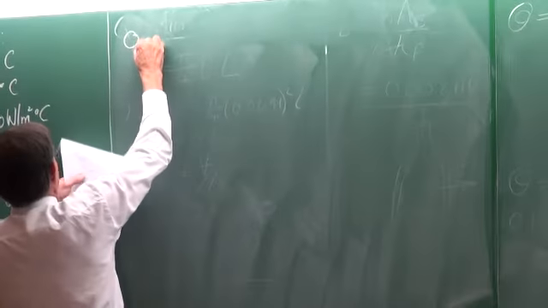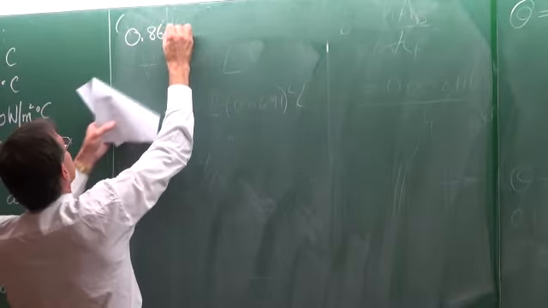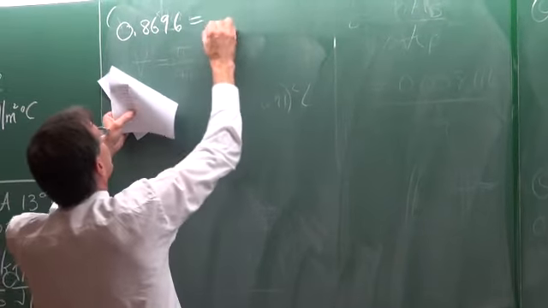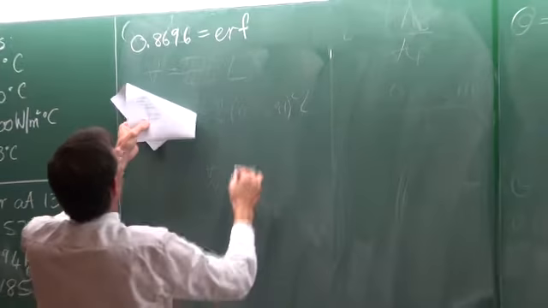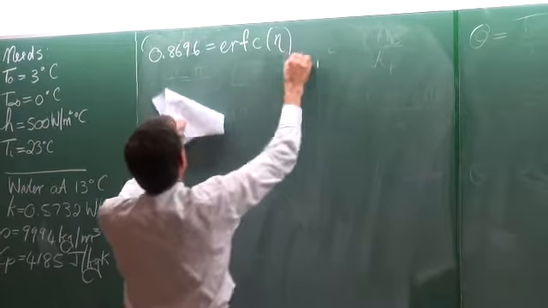And that means 0.8696 is equal to the complementary error function of eta.